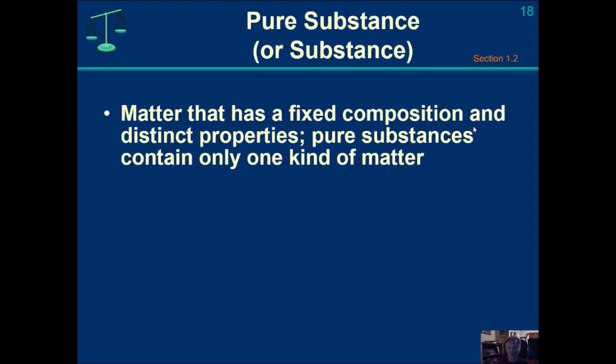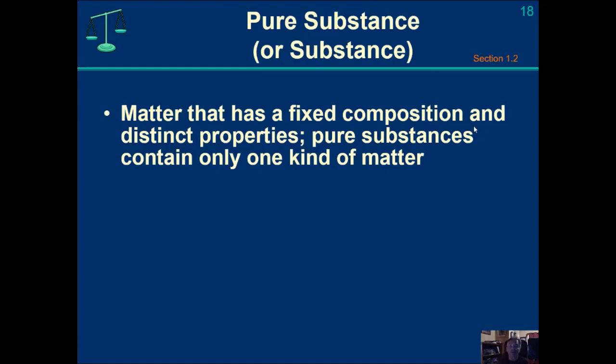All right, let's talk about substances. One of the things that we do in science, and in chemistry in particular, is we characterize matter according to the type of matter it is. So a pure substance is characterized as matter that has a fixed composition.